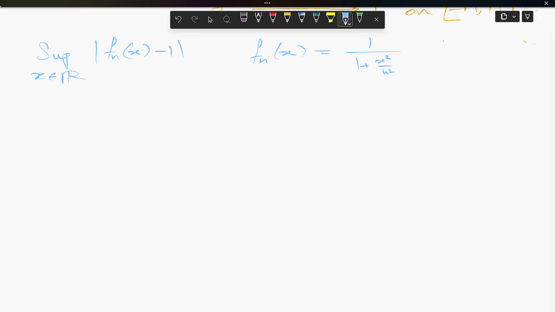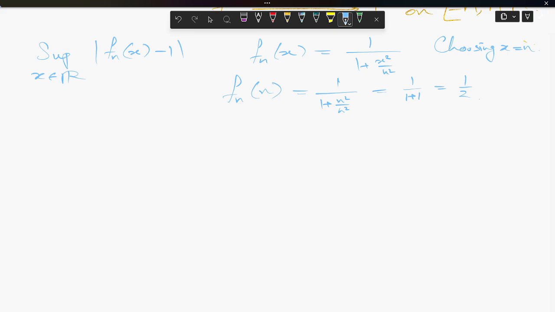Now choosing x equals n, we obtain f_n(n) equals 1 by 1 plus n square upon n square. That will be equal to 1 by 1 plus 1, which is 1 by 2.